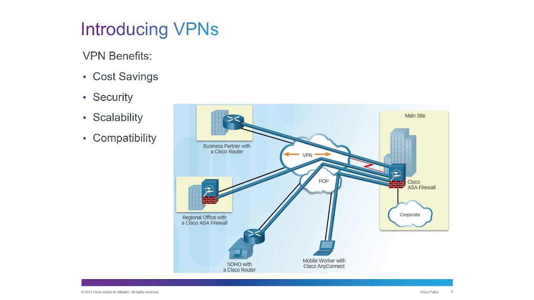And when we think about these scenarios, the reason why we go for VPNs rather than having, say, dedicated connections between these entities is because there are significant cost savings compared to having a dedicated line connecting these entities.